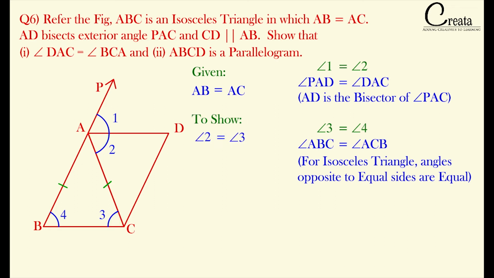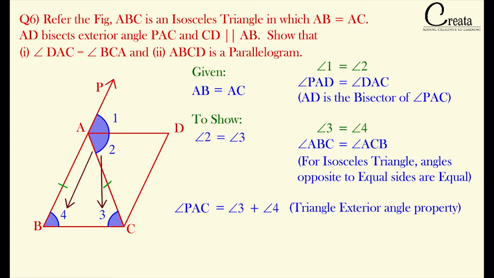Let's prove the same. For the triangle ABC, angle PAC will be the exterior angle for this triangle. And we have seen the exterior angle of the triangle is equal to the sum of two opposite interior angles. Means angle PAC will be equal to angle 3 plus angle 4. And we know angle PAC is equal to angle 1 plus angle 2.